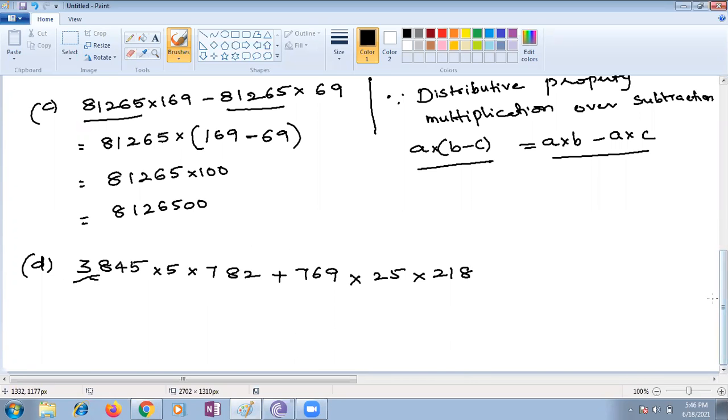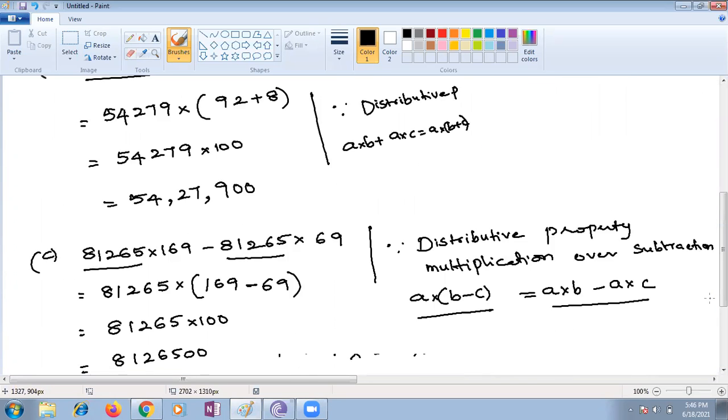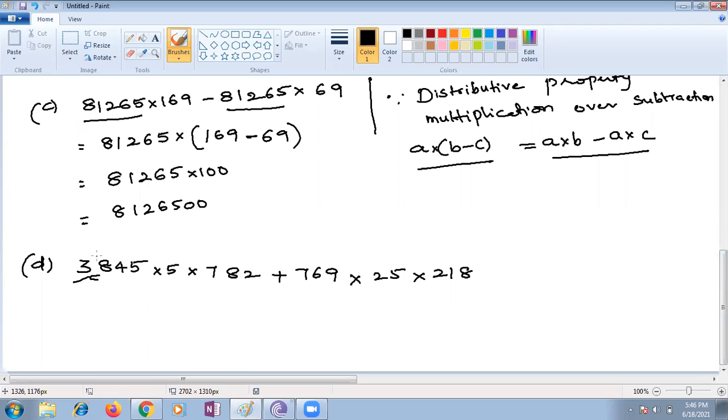Let me underline so that you can see. This is one part and this is another part. But there is no 3,845 in the other part.